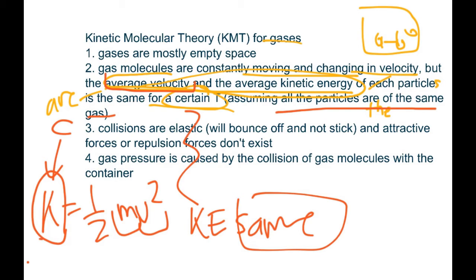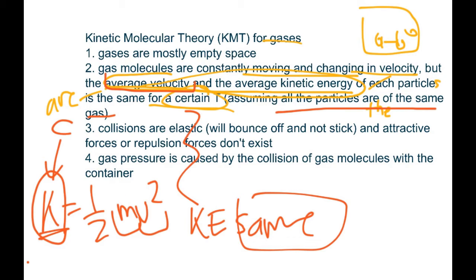For a certain temperature, we know the KE is constant, but that doesn't mean that v will be constant, because v can depend on what m is. If m is larger, then v will be smaller. So for bigger particles that are harder to move, their average velocities will be lower.